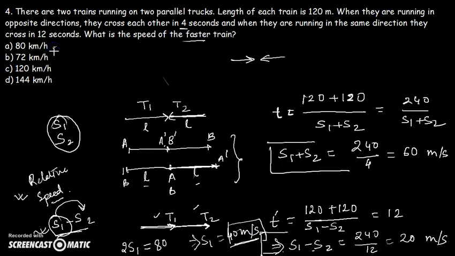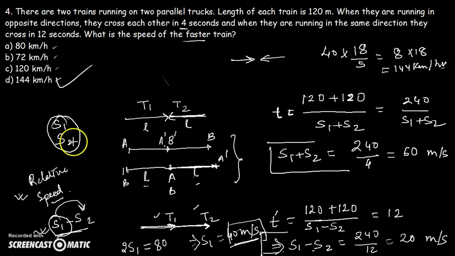The speeds are given in kilometer per hour here, so you need to convert this speed 40 meter per second into kilometer per hour, and to do that you need to multiply by 18 by 5. This will give you 8 into 18, or 144 kilometer per hour. So you should choose the option D for this question.